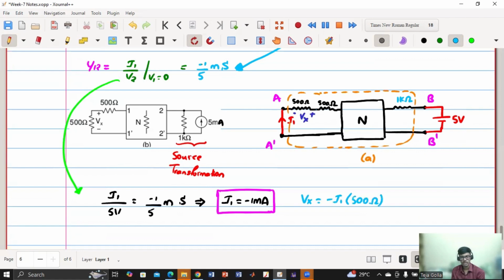So my Vx will be negative according to the direction of the current. Agree? Any doubts? Because the current is flowing in this direction, this will be at higher potential and this at lower potential. So Vx is negative according to the direction of current that I have assumed. Right? Or do you have any queries?